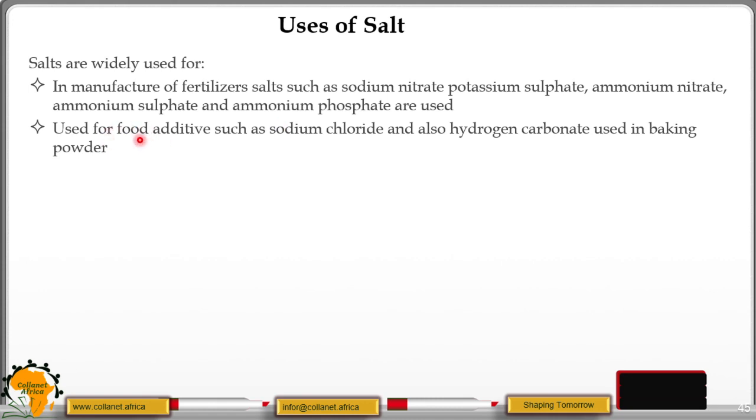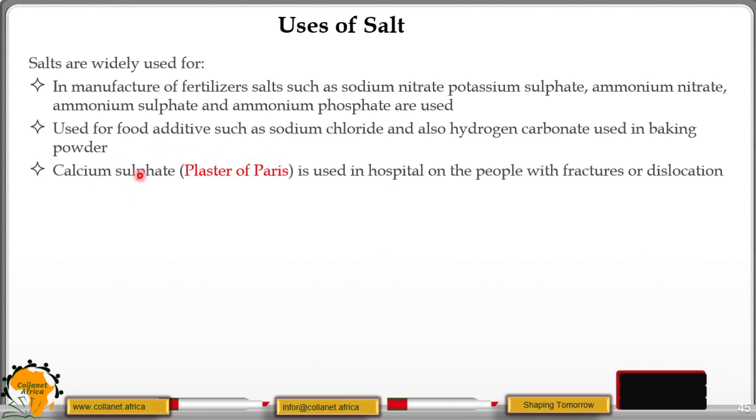They are also used as food additives, such as sodium chloride, the common salt used in households to add flavor in food, and also sodium hydrogen carbonate used in baking powder.